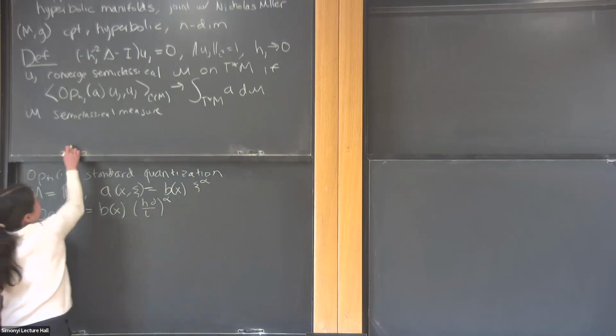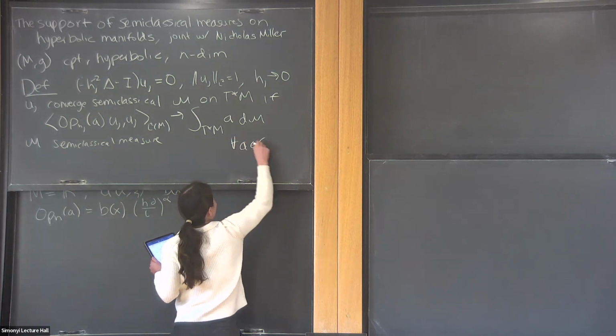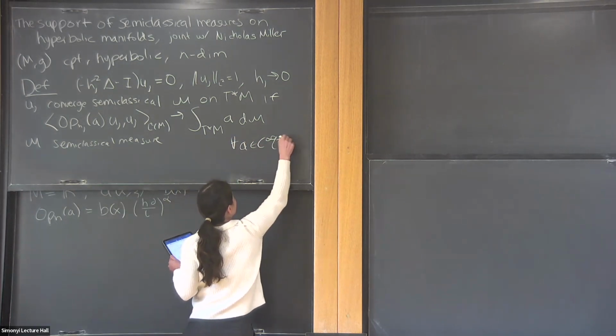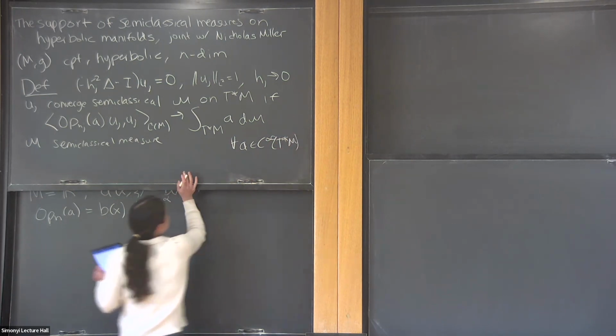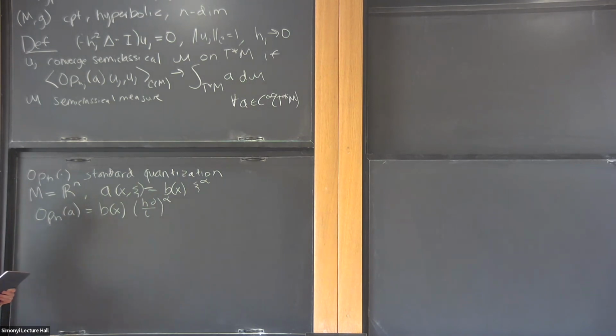Oh, I forgot to mention up here, we want this to hold for any smooth function on the cotangent bundle. Okay. So just intuitively, the function on the tangent space is acting by derivatives. Is that what you're saying? Yes, yeah.